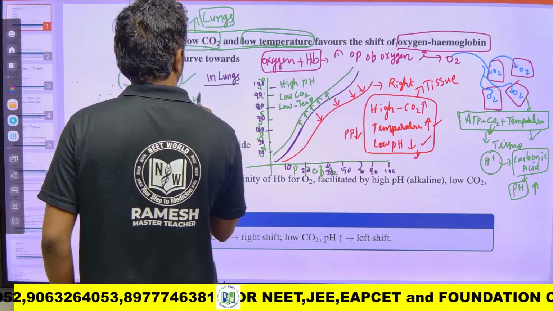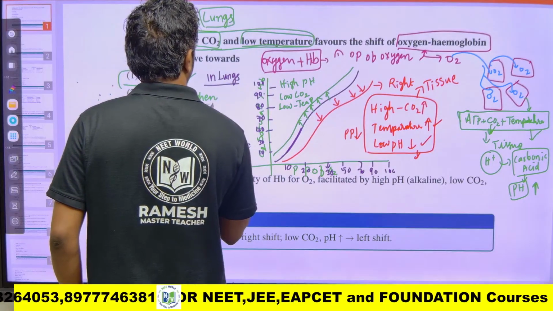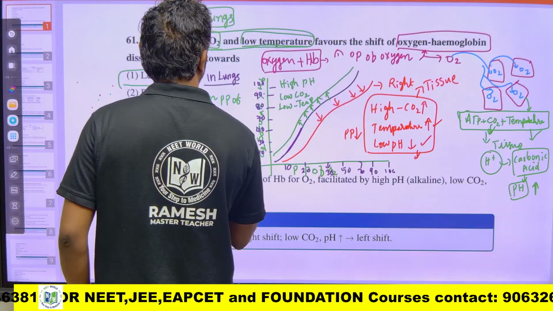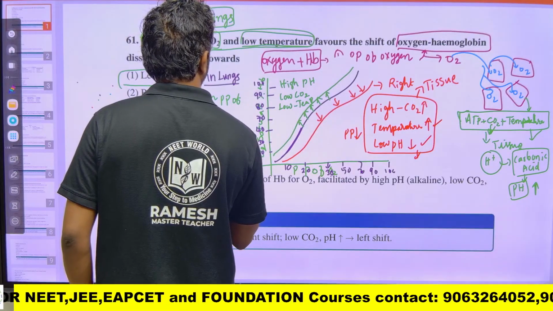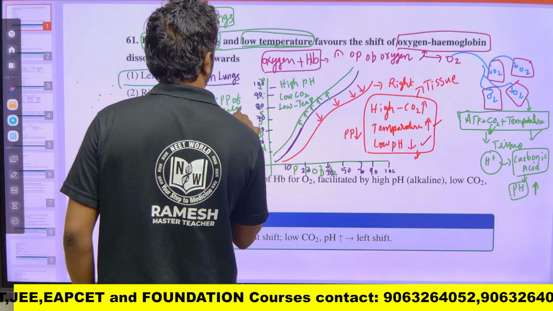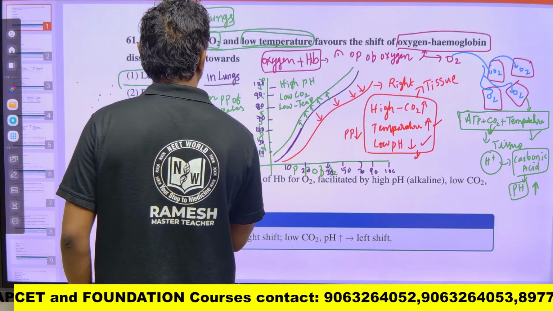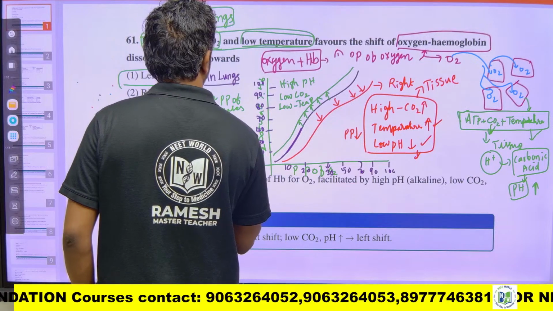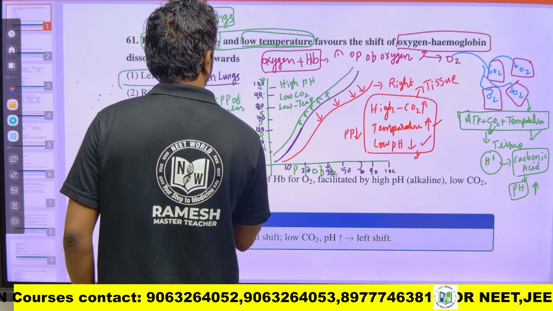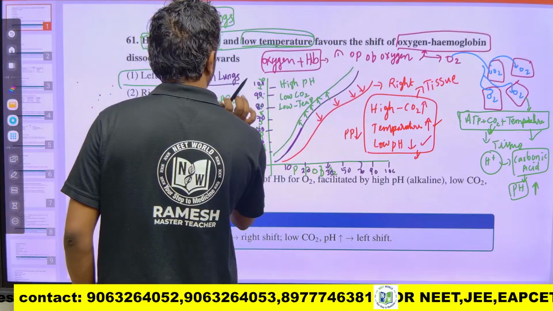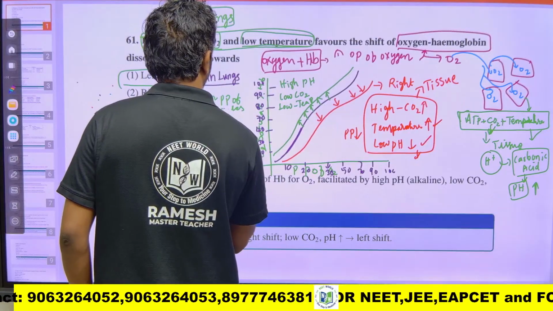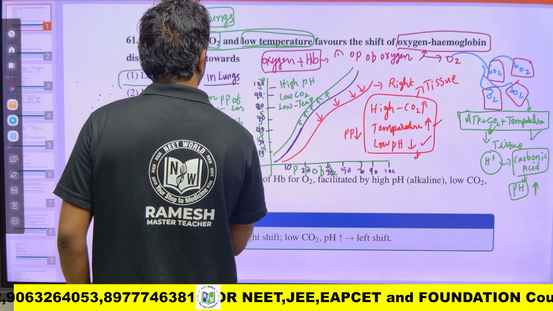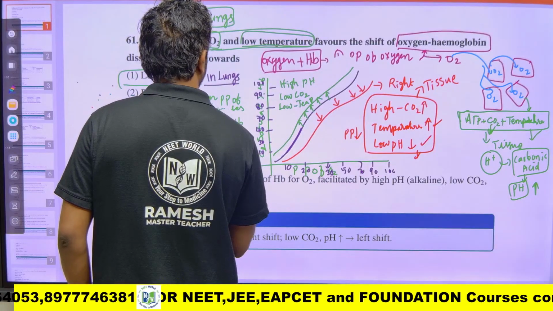When the partial pressure of oxygen increases, the affinity of hemoglobin for oxygen will increase.